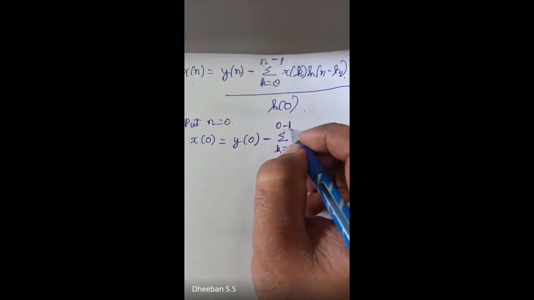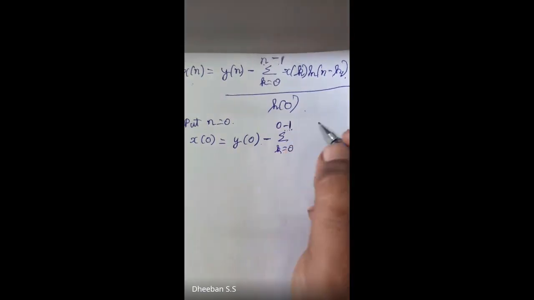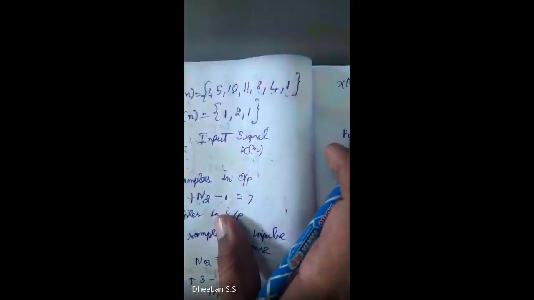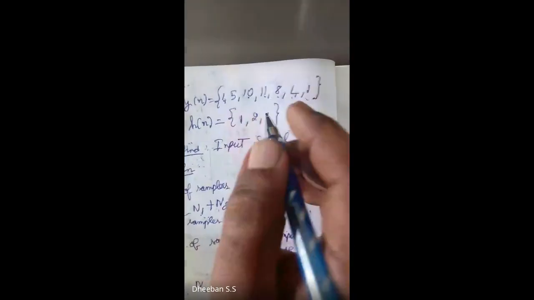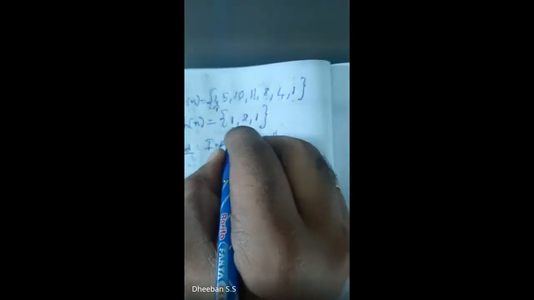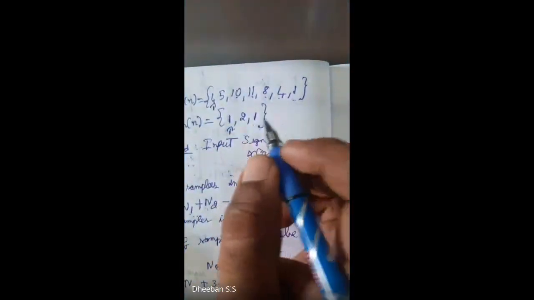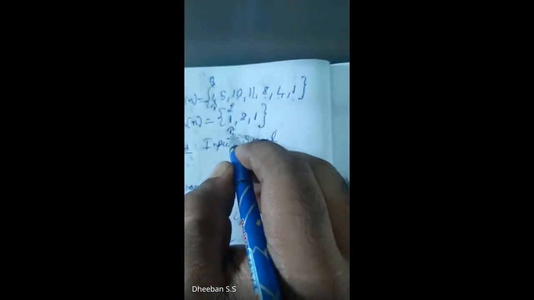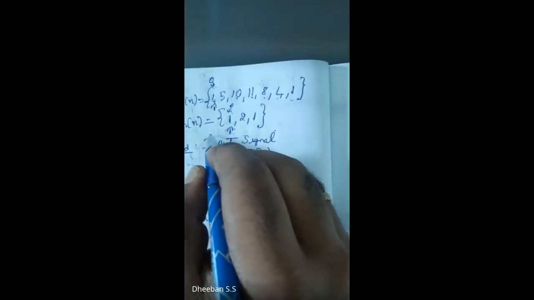For minus 1, there's no value in your h. In general, they will give an arrow over here and here, and this becomes your zeroth value. If they give something apart from this, it becomes your minus 1 value.